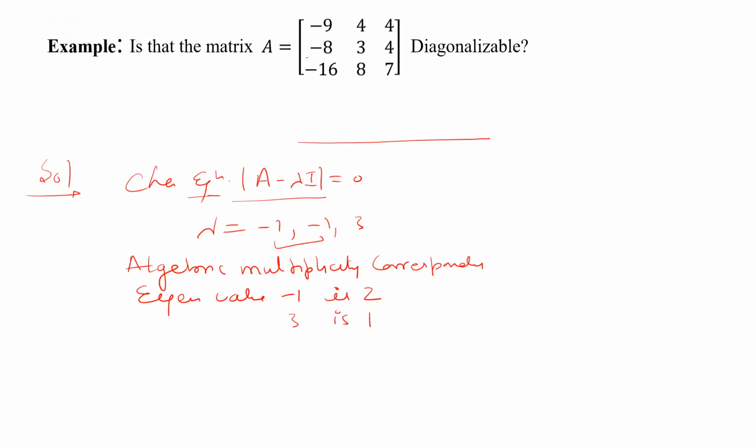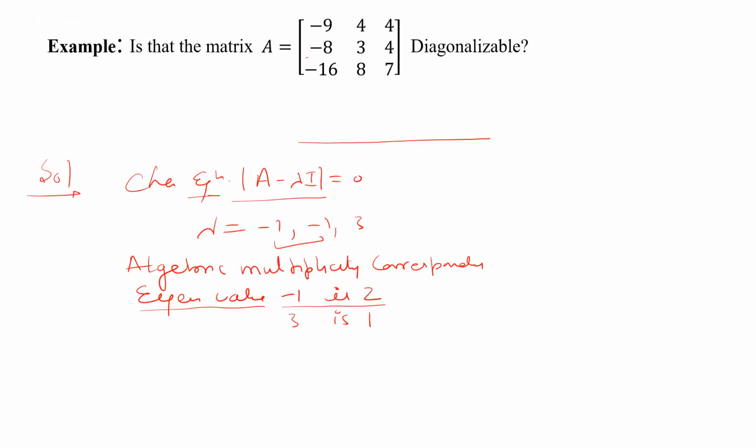So here we find the geometric multiplicity for the eigenvalue minus 1. Then we check is it 2 or not. If it is 2, then the matrix is diagonalizable, otherwise not.